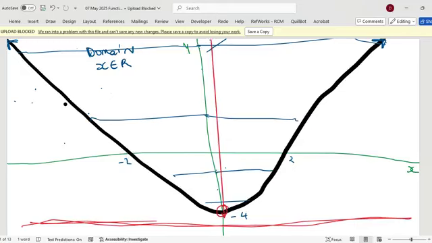Bigger than negative 4. That is why I'm saying my range will be y is greater than or equal to negative 4. Anything below negative 4, the graph does not exist, it is not defined.